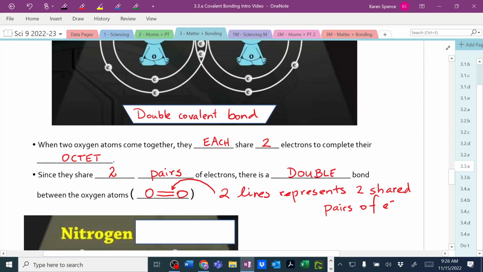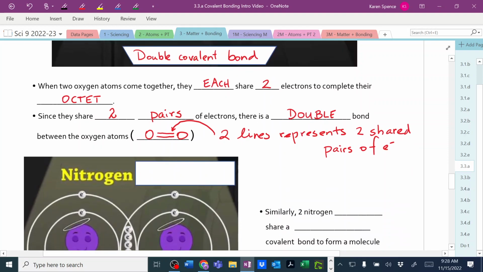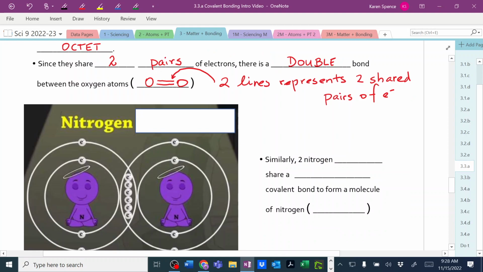And then in our final molecule here, we have a nitrogen molecule. So 2 nitrogen atoms, and they share a triple covalent bond to form a molecule of nitrogen.